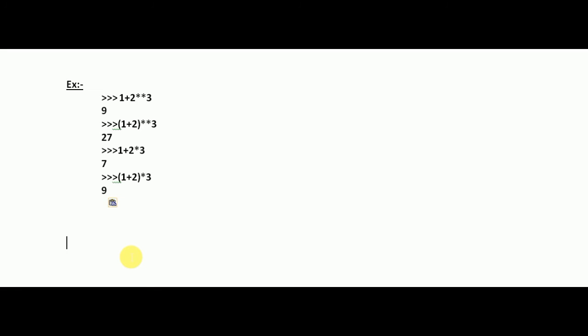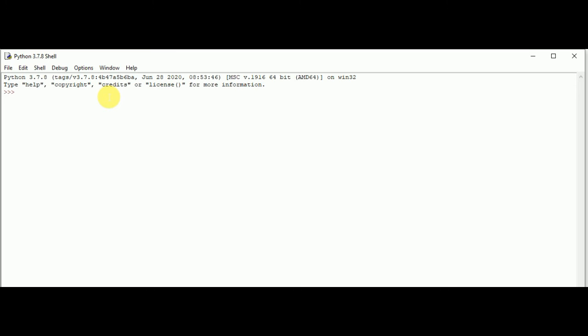Now let's move to the real environment, that is our interactive mode. Here we apply the operations. 1 plus 2 power of 3 becomes 9. 1 plus 2 power 3 becomes 27.